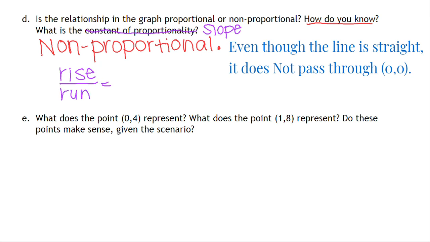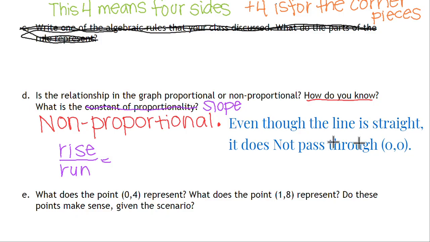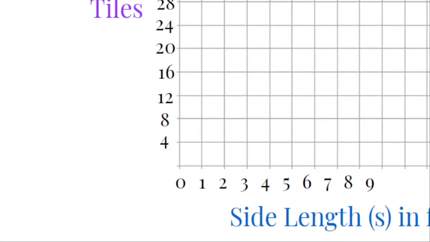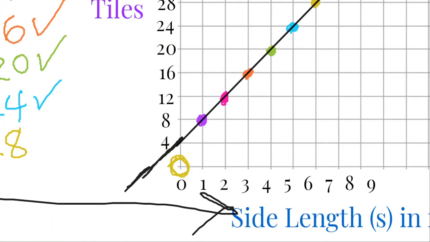So let's look at 2 points on our graph. Okay, so to go from this point right here, 1, 8, our scale is actually by 4. So this is a rise of 4.